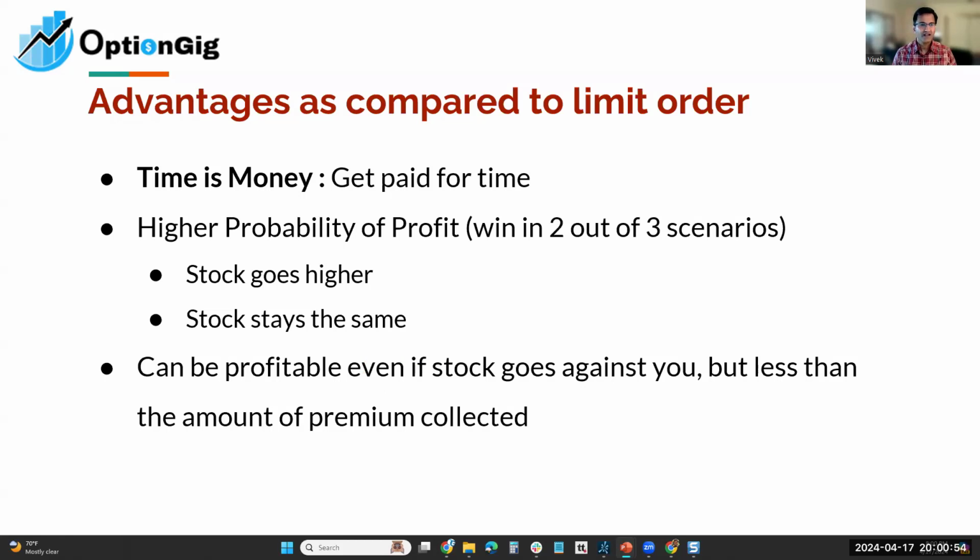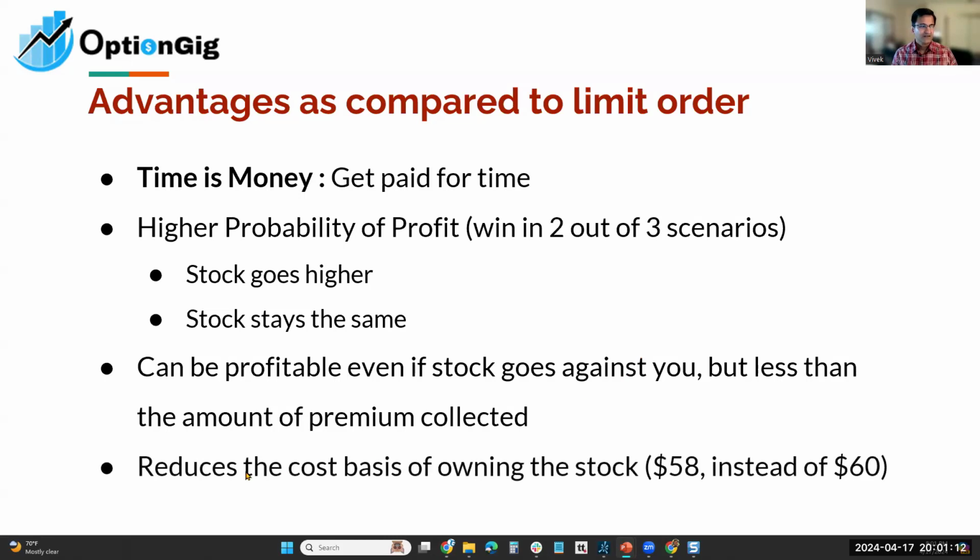I love that scenario. I can't do that with stock. If I bought a stock at 60 and PayPal goes to 59, I'm down $1 per share. But if I had sold this put option and then got assigned at 60, my break even is 58 and not 60. Or put the other way around, it reduces the cost basis of owning the stock.